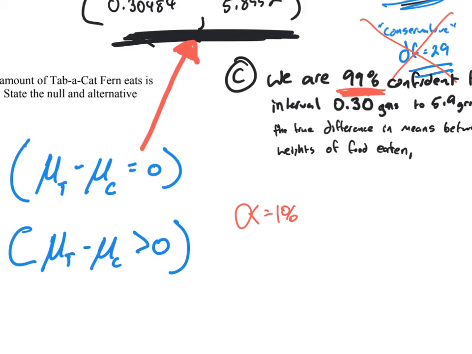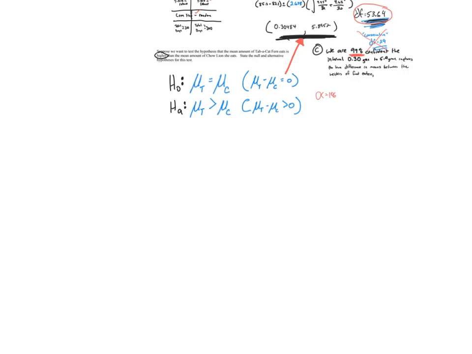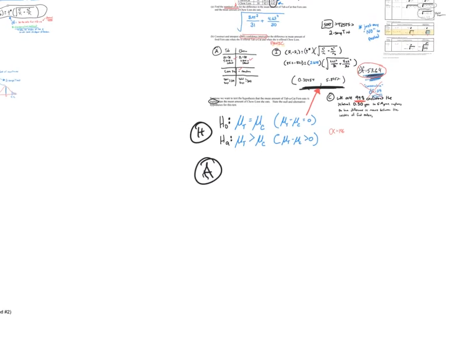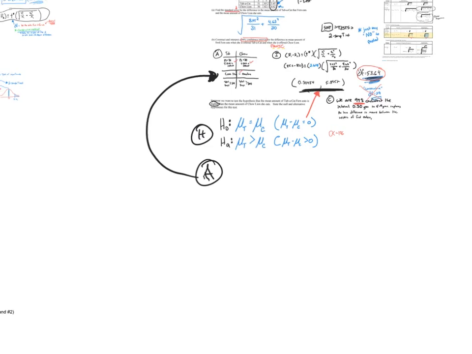Alpha level 1%, then a confidence level of 99%. So this would be the H in the HAT procedure. The A is going to be the exact same A up here, so we don't need to double up on that. The A's are going to match.